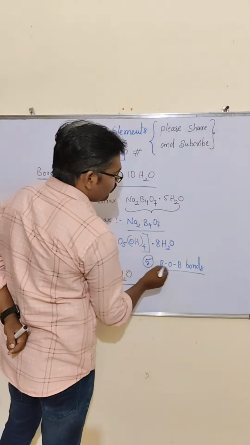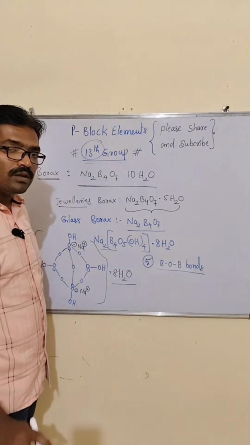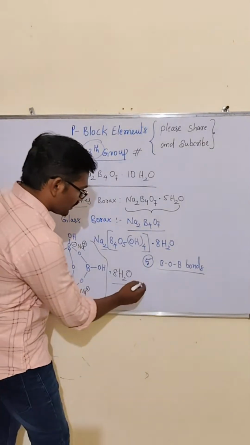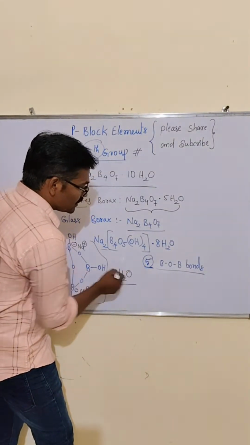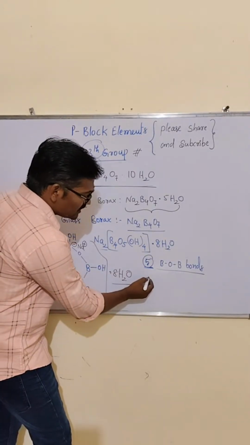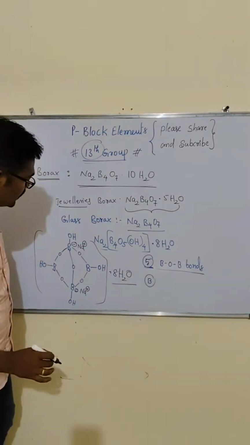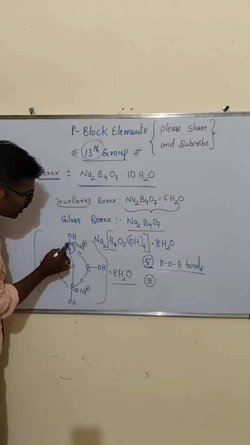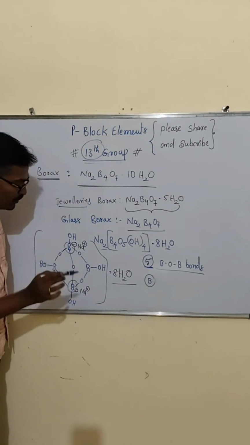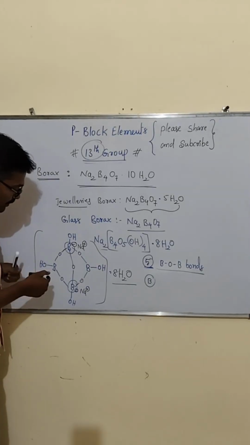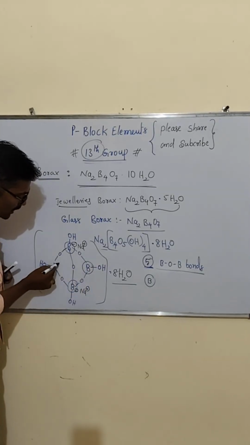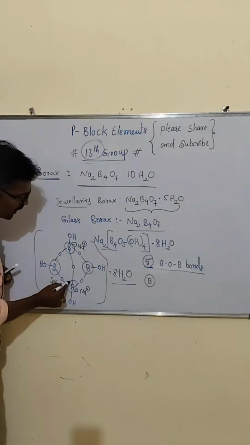Next, boron atoms in this case: these two boron atoms are sp3 hybridized, and the remaining two boron atoms are sp2 hybridized.